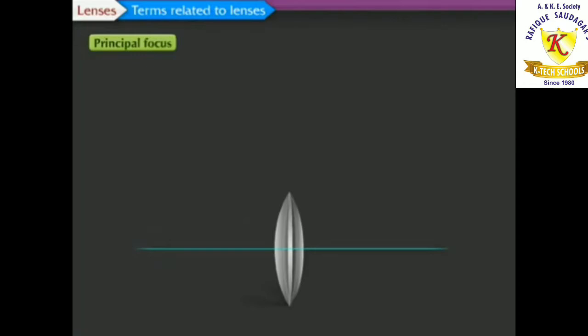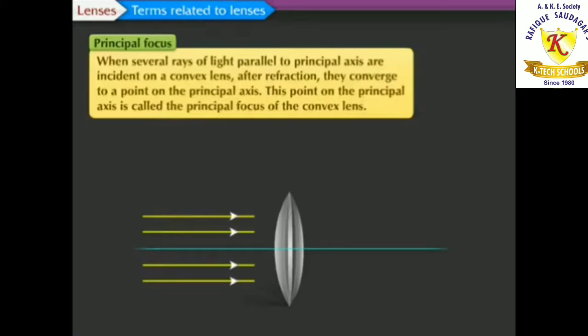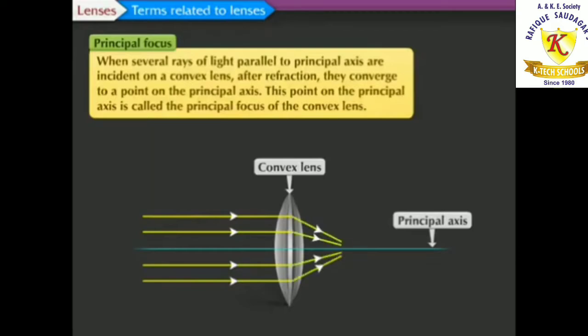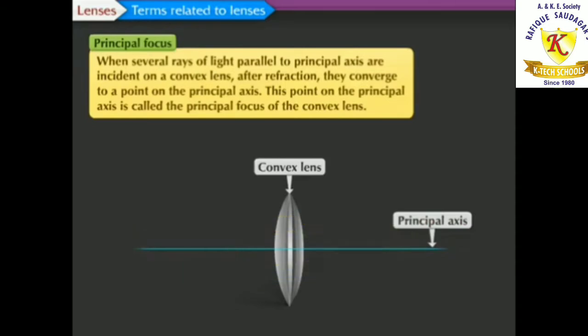Next is principal focus. When several rays of light parallel to the principal axis are incident on a convex lens, after refraction, they converge to a point on the principal axis. This point on the principal axis is called the principal focus of the convex lens.